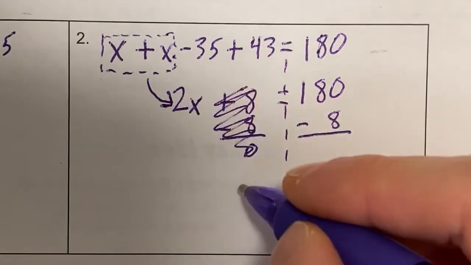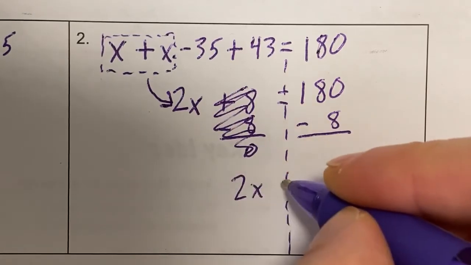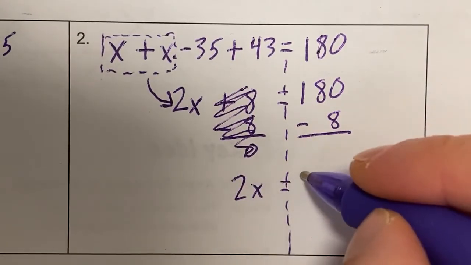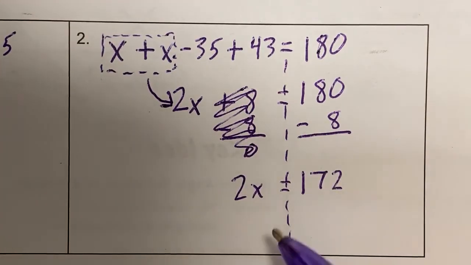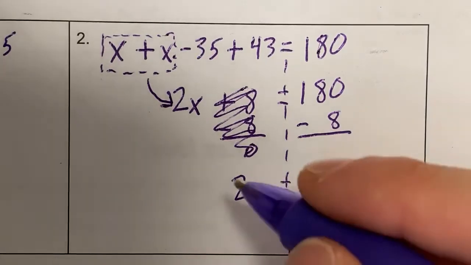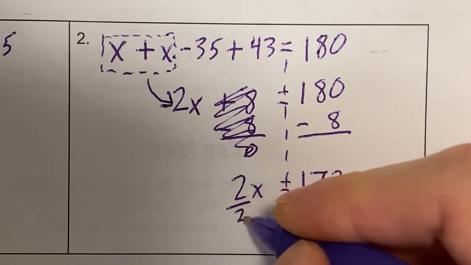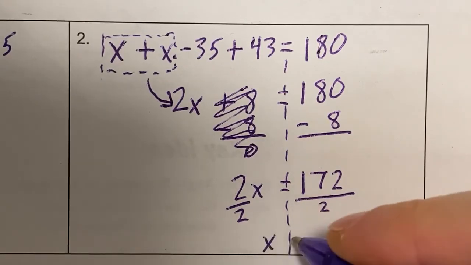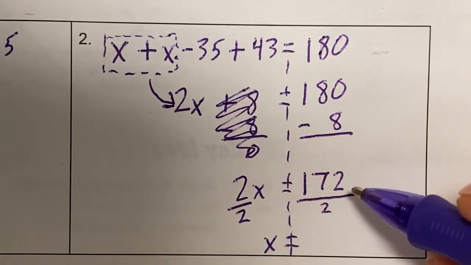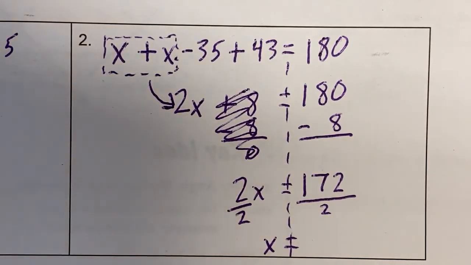This 2x just swoops down. 2x equals 172, so I'm going to have to divide both sides by 2, so half of 172.